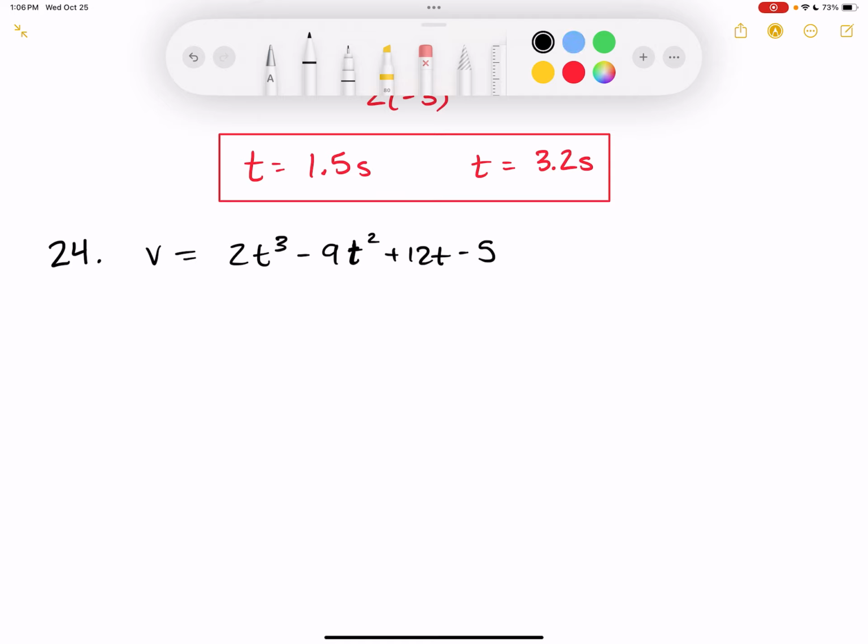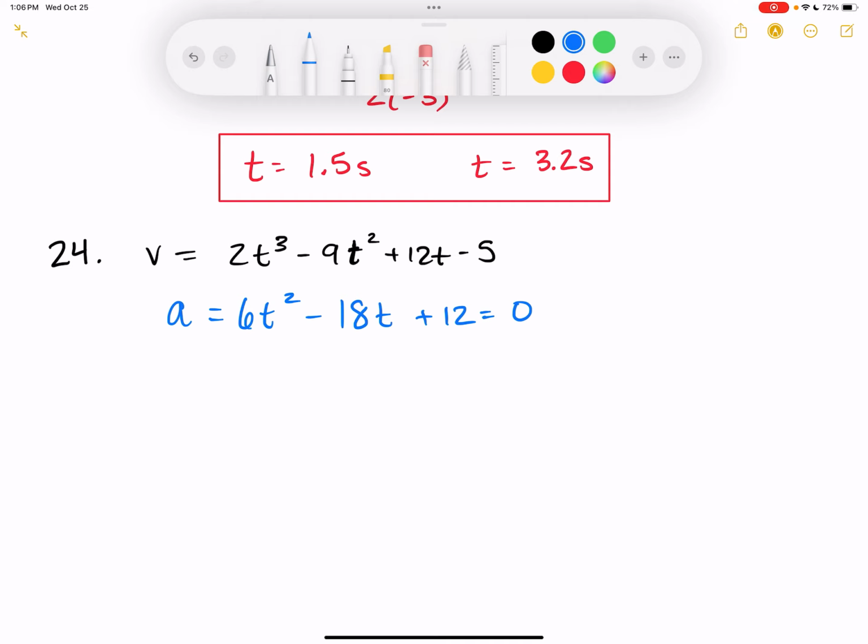All right, so I need acceleration. What is acceleration from that? 6t squared minus 18t plus 12. And we set that equal to 0.